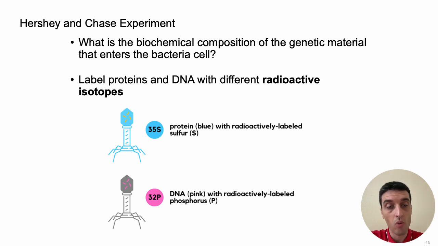At the time, they already knew what DNA was made of, so they inserted radioactive phosphorus. So all the DNA was radioactive as well with the phosphorus. They just had to put it in a machine to measure the radioactivity of sulfur and phosphorus, and that way they would know what was contributing to this transmission of information.